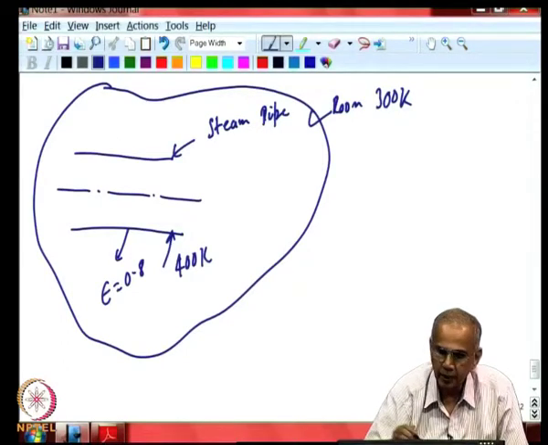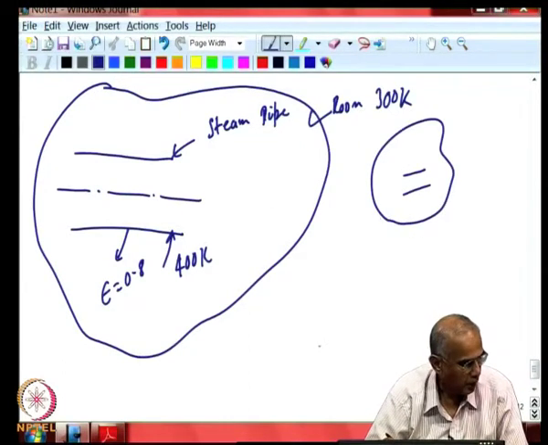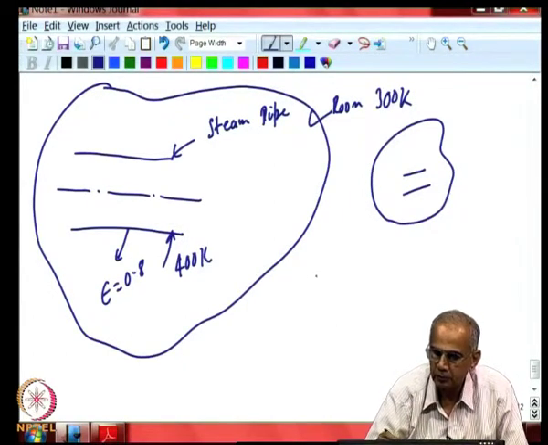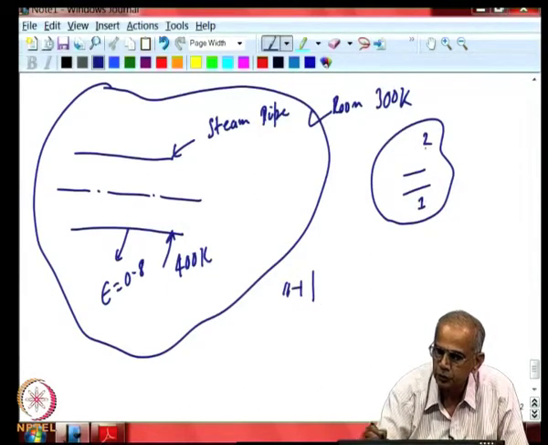Okay, now this problem can be solved very simply. Treat the pipe as a surface surrounded by this one, and you can do a simple resistance model. Let us take this surface as 1 and this surface as 2.